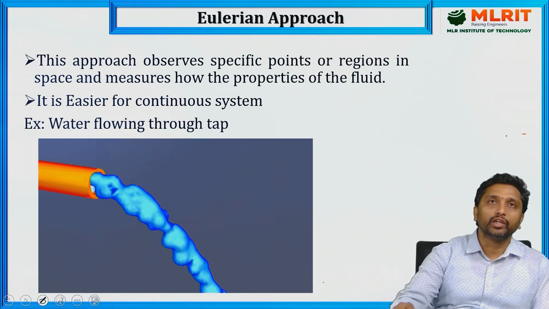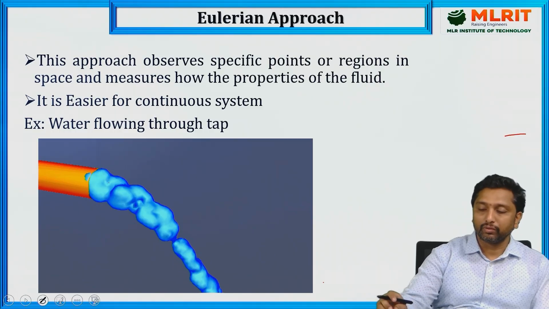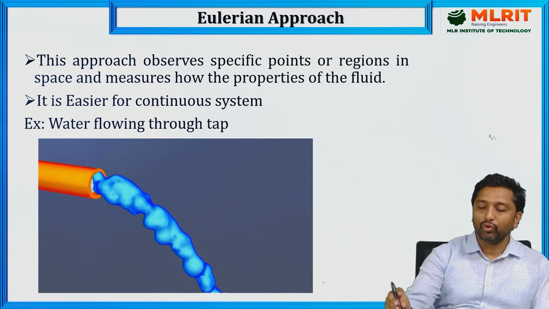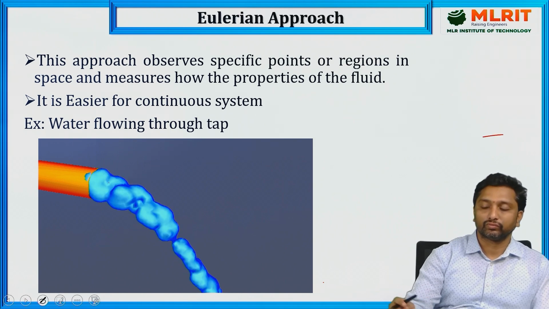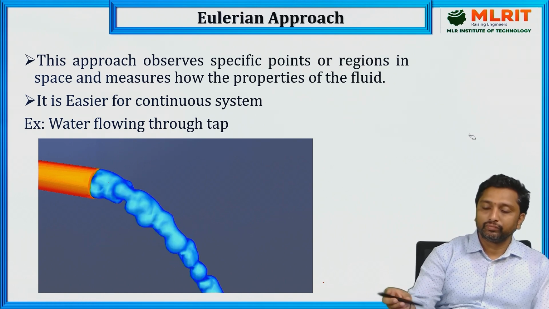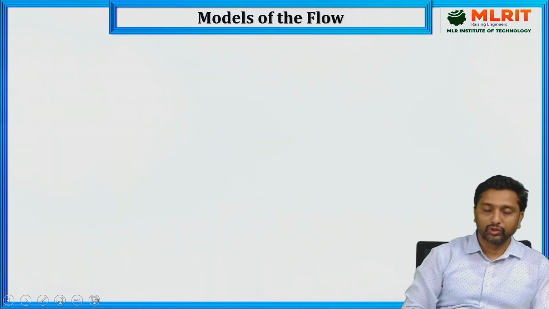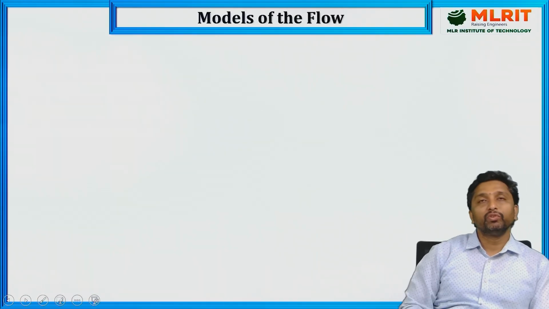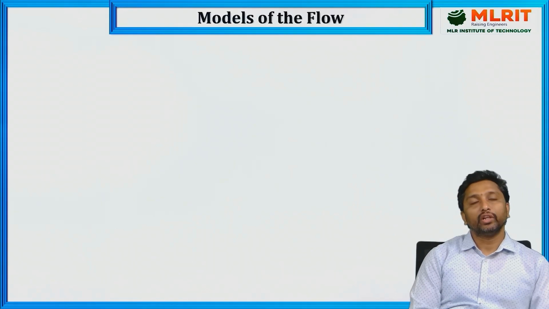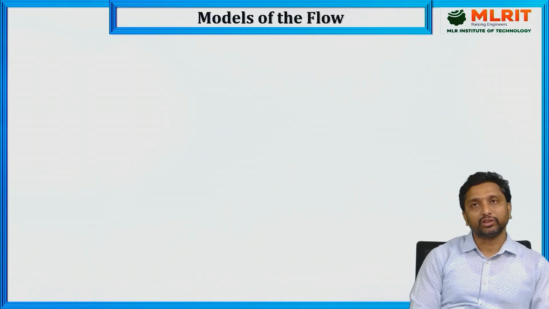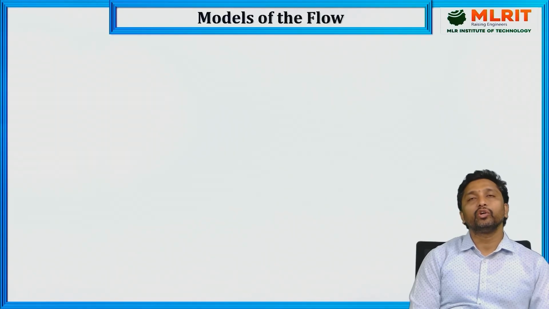Okay, so let's move to the next topic, that is models of the flow. Before going to the models of the flow, let us understand what is the need for them. As we discussed, CFD relies purely on mathematical models.